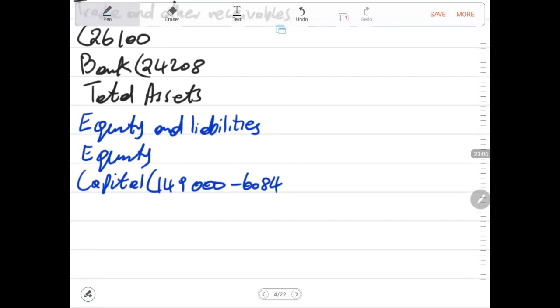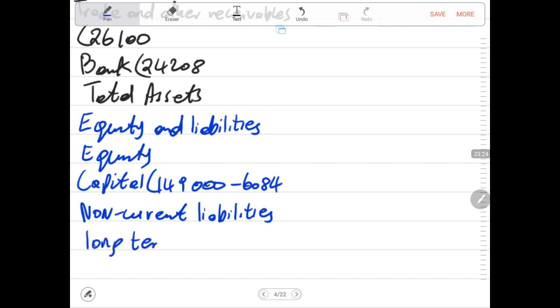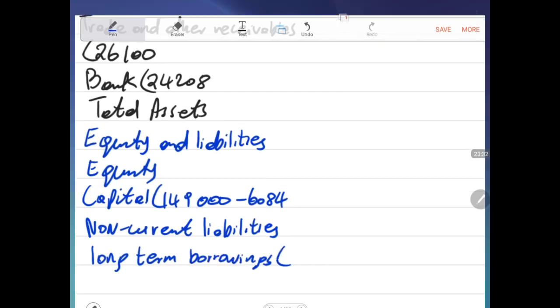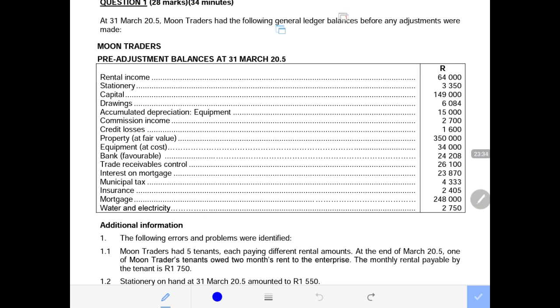Then after that we have non-current liabilities. Under non-current liabilities, I think we did have a long-term borrowing or long-term loan. That means everything that is long-term must be recorded here.